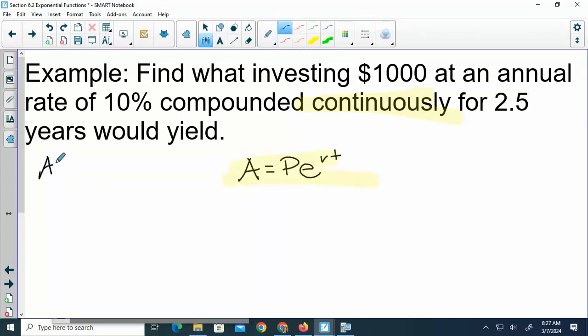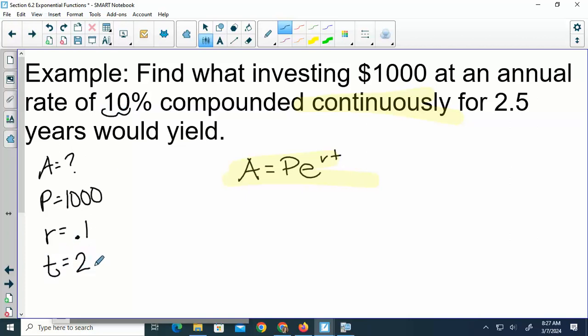So A, do we know our ending amount? No. P, what do we have right now? 10,000. R, what interest rate do we have? 0.10. Right, this 10%.